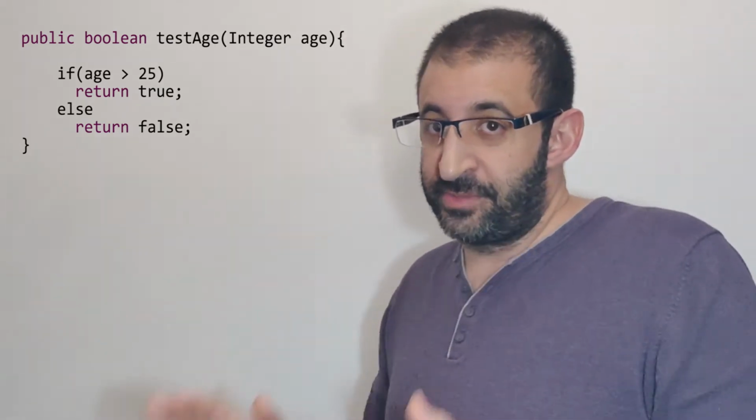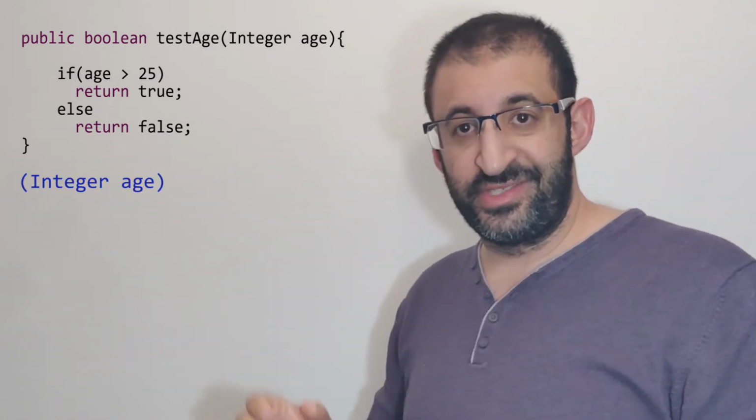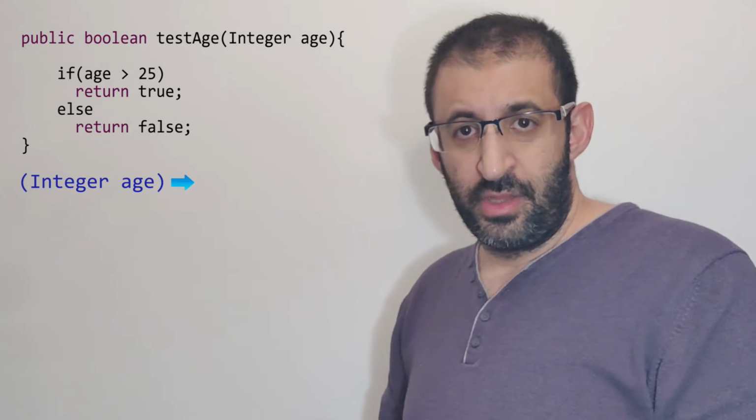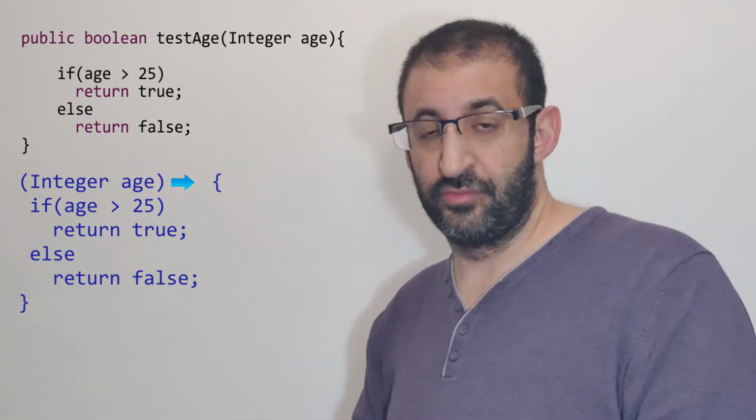So to convert it to a lambda expression, what will we do? The first thing, remember, a lambda expression is without a name. So we have integer age, a simple arrow, we open our curly braces and put if age is greater than 25, return true, else return false, and close the curly braces.